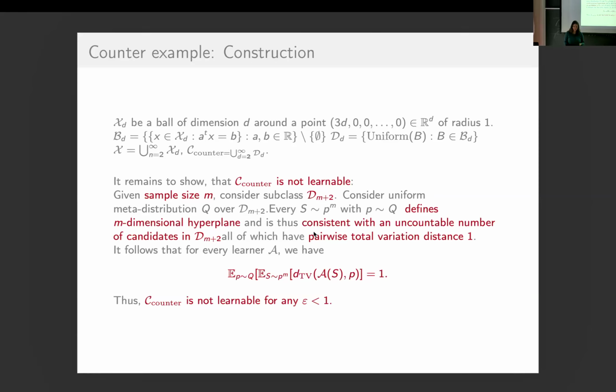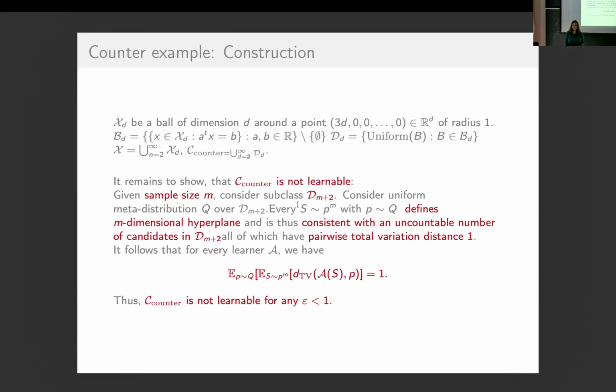Then we can show that for any learner, the expected distance from a randomly sampled distribution is 1. So this is not learnable with respect to any epsilon. So we get a very strong separation between the countable subclass case and the class itself.